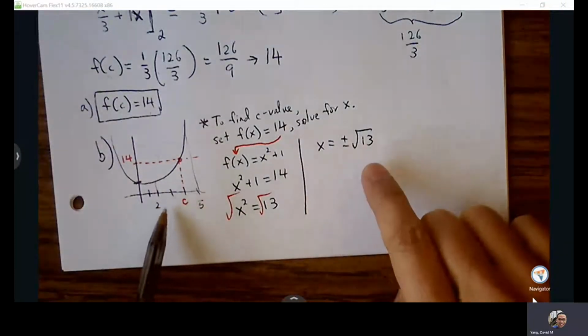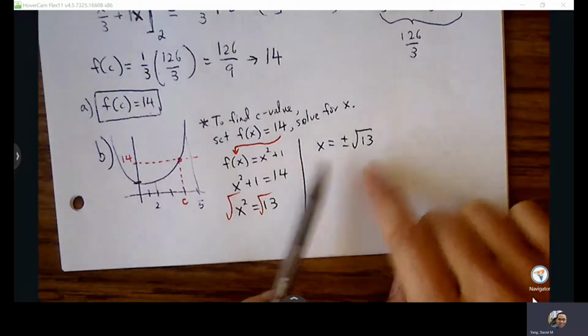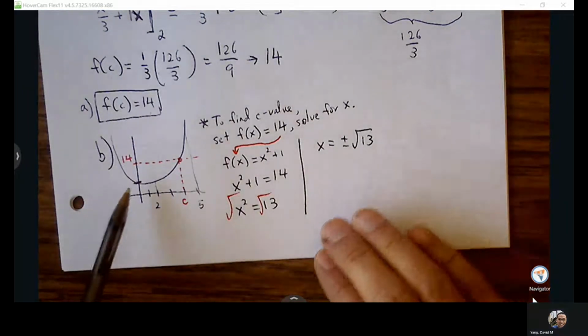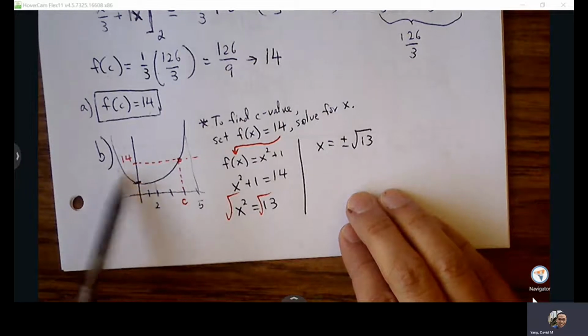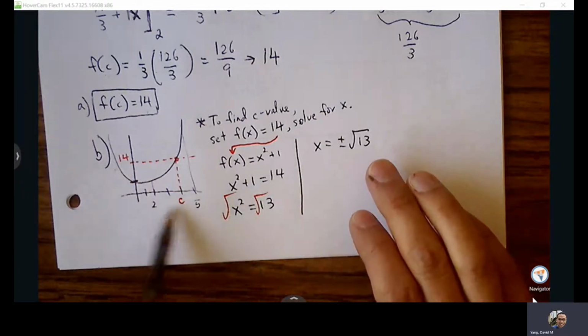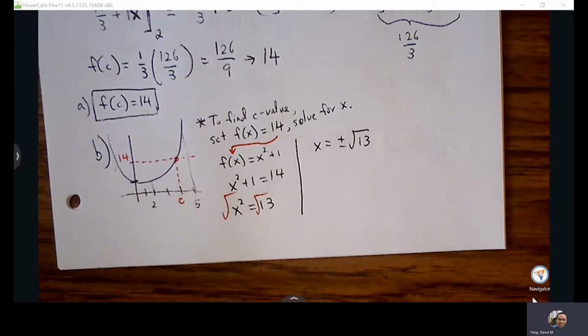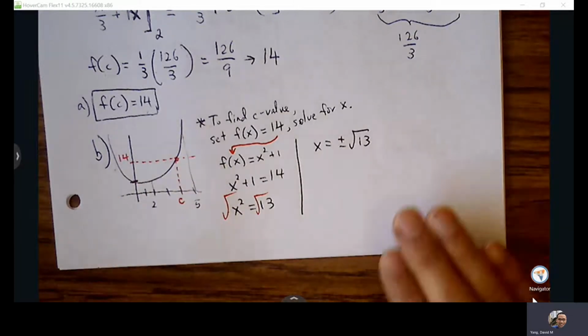So what's going to make sense, though? Our C value, can it be both positive and negative root 13? Technically, it will show up on the other side of the y-axis, but because our interval is only between 2 and 5, we don't care about any C value that lands outside the interval.